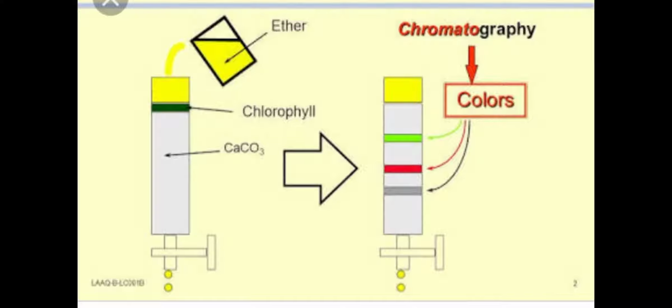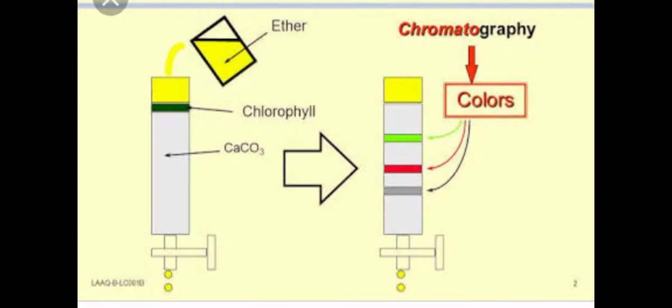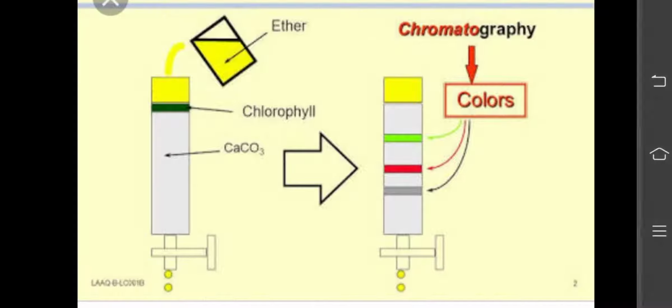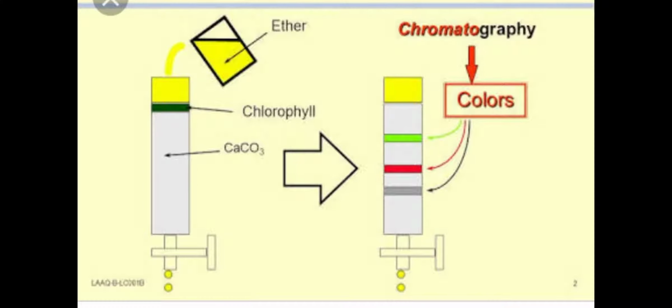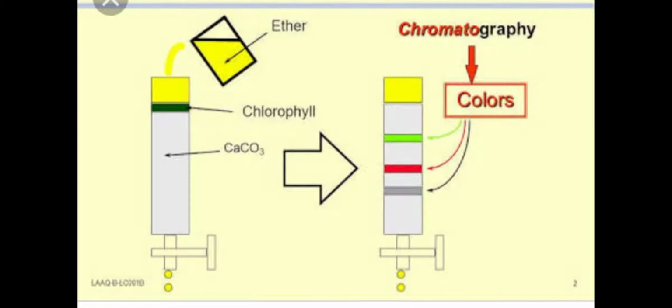Now, why was ether used? Because ether doesn't react with chlorophyll or calcium carbonate. It will just move down the column, and with the movement of ether, the sample, the leaf extract, traveled and was separated.